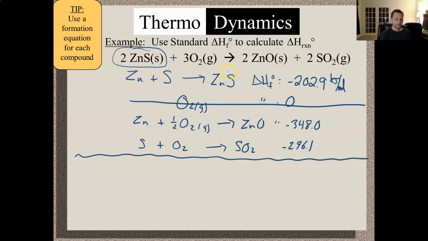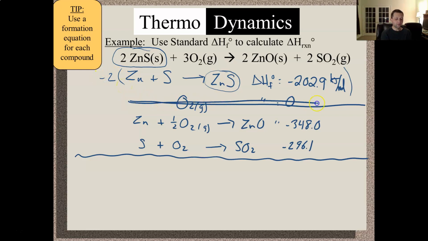If you notice, for your formation equation, zinc sulfide is a product. So what do I need to do to this first chemical reaction? I definitely need to flip it, right? I need to get the zinc sulfide on the reactant side. I also need 2 moles of zinc sulfide instead of 1. So I need to not only flip this reaction, but multiply it by 2 as well. So multiply by negative 2.